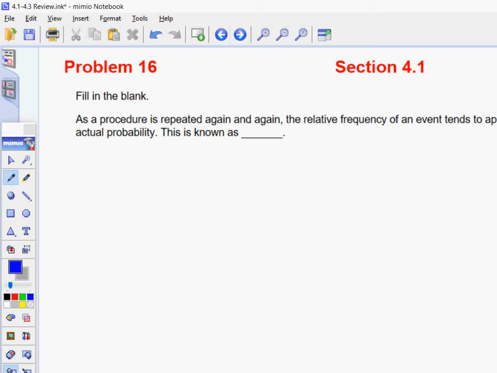As a procedure is repeated again and again, the relative frequency of an event tends to approach the actual probability. This is known as... All right, so I flip a coin one time and I get a heads. Okay, I'm not surprised at all. It's got to be either heads or tails. I flip it again and I get another heads. Wow! No, I'm not surprised.